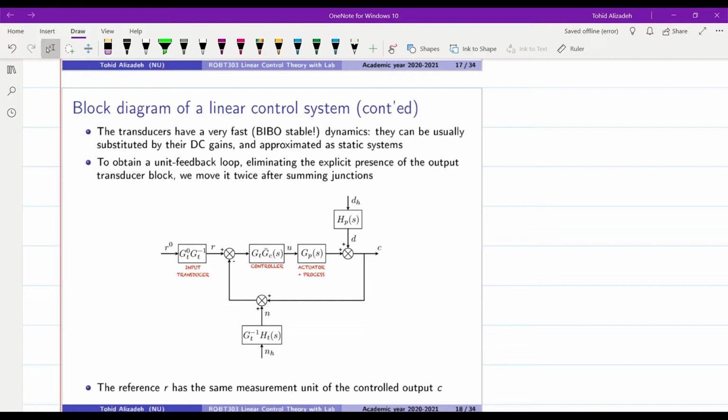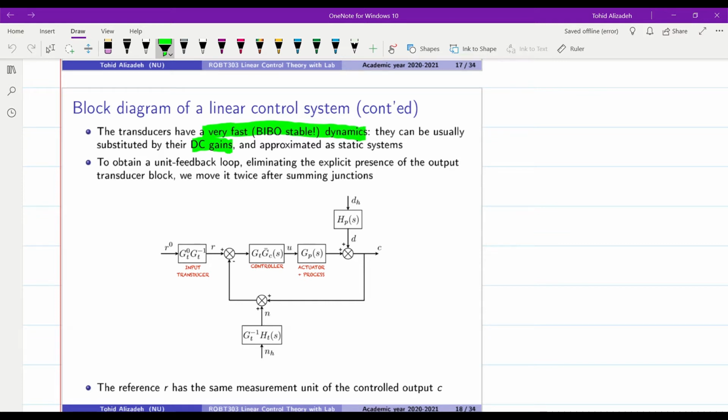If we consider the transducers, they usually have very fast dynamics. Since this is a property that they have, we can usually replace them by their DC gains and then approximate them as some static systems.